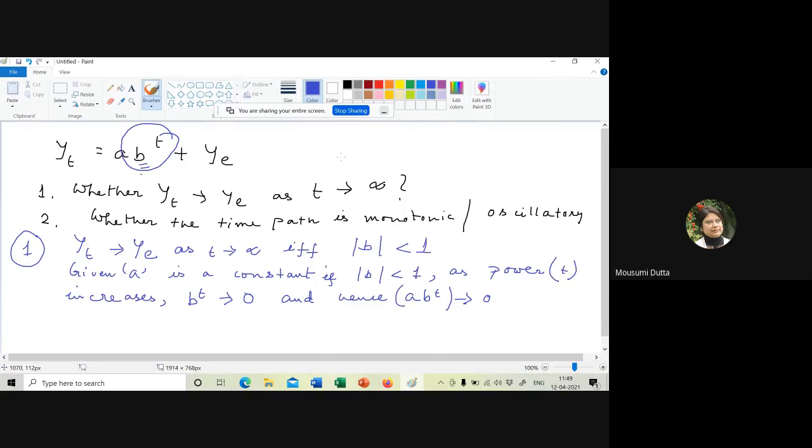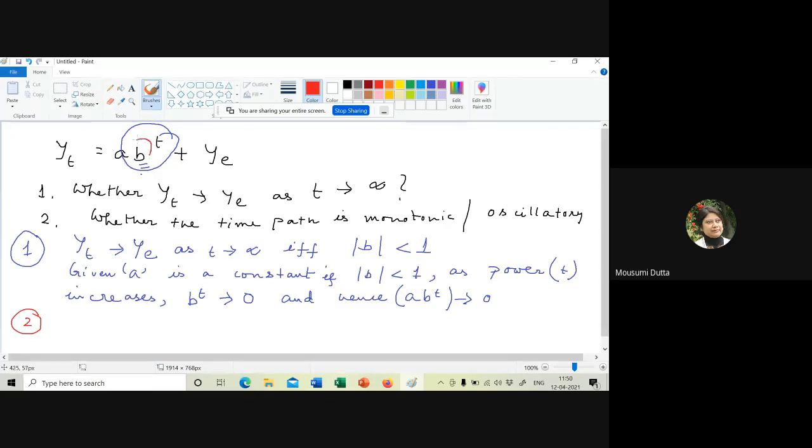So now I am going to address question number 2. Now we will not consider the absolute value of b, rather we will consider the actual value of b. So let me go back to the equation. In this equation, a is still a constant.